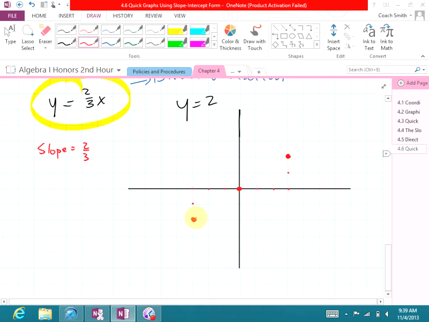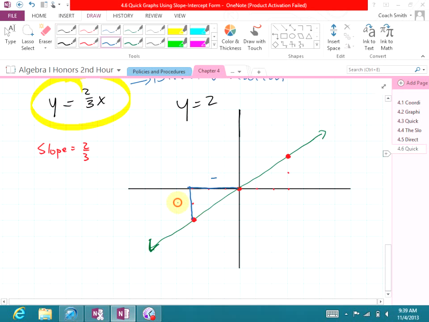Okay, because here's y. Let me go ahead and draw the line. There's your line. Now, here are your slope triangles. I need to use blue. Okay, there's one slope triangle.